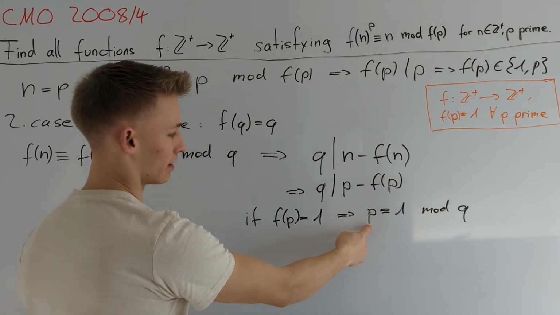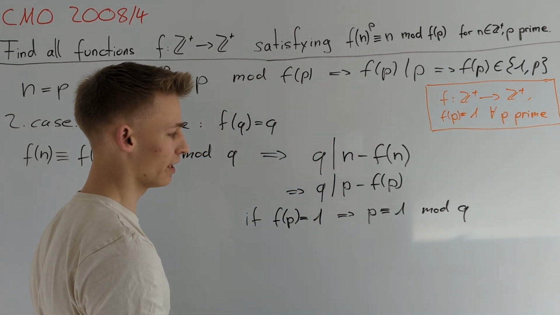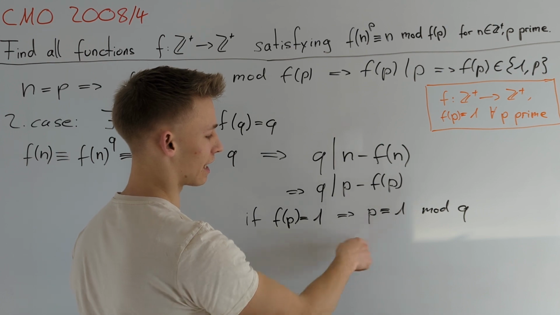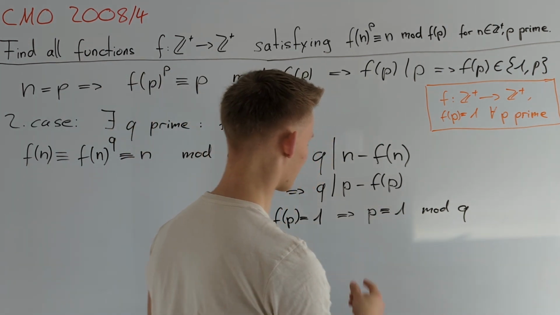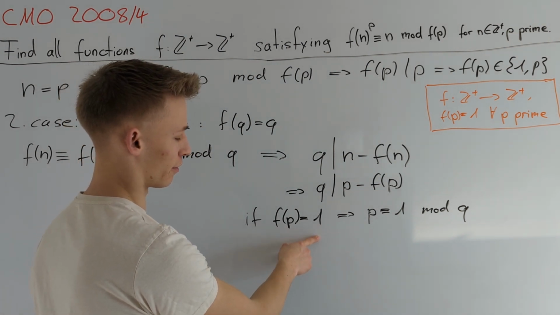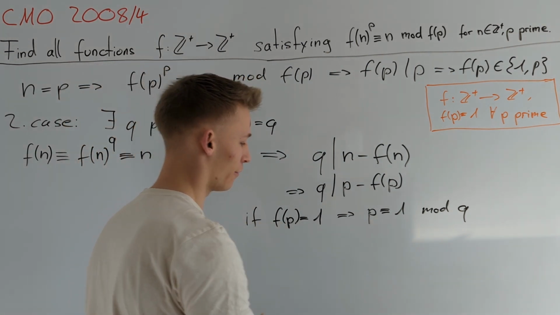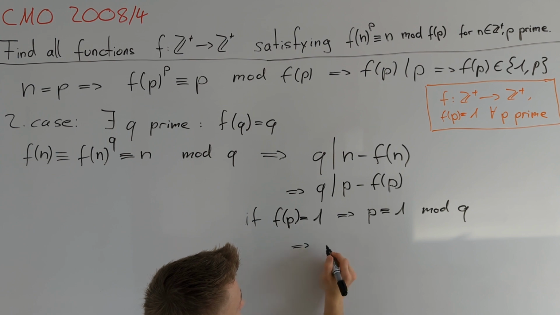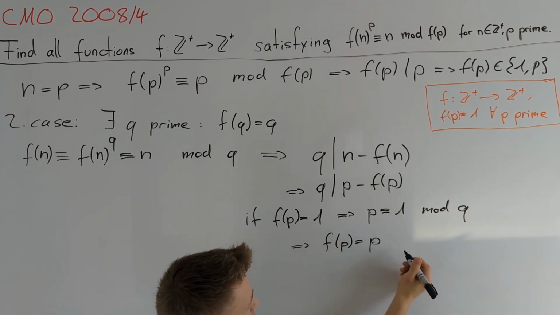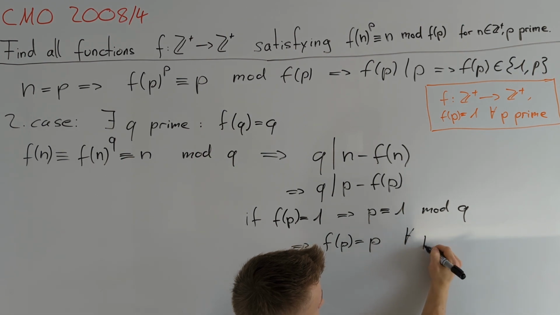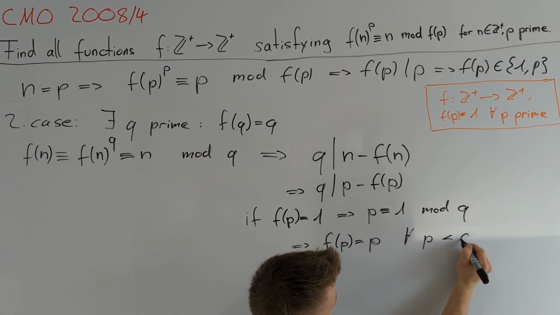Since p is a prime number, it is not equal to 1, and therefore this congruence directly implies that p is greater than q. So this case is only possible for primes greater than q, and therefore we can conclude that f(p) is equal to p for all p less than q.